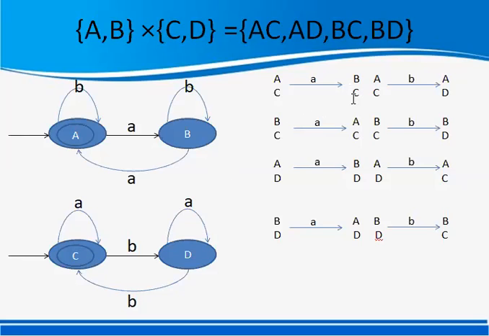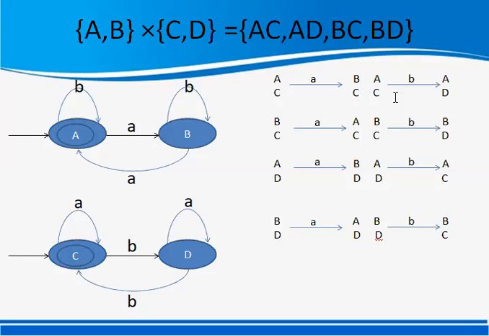So we have written it here. Now we will use AC as a single state, and on input small a, our next state will be BC. So we will use this as a single state, AC and BC.